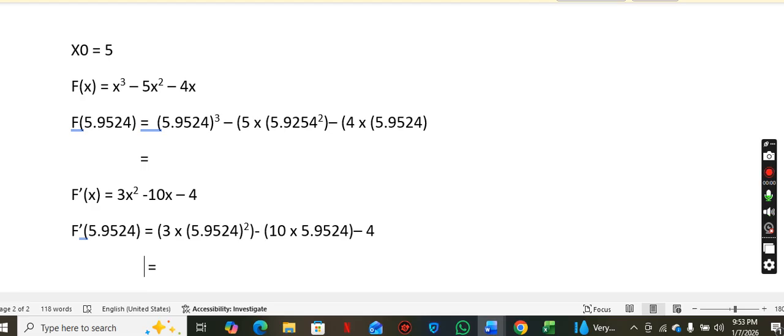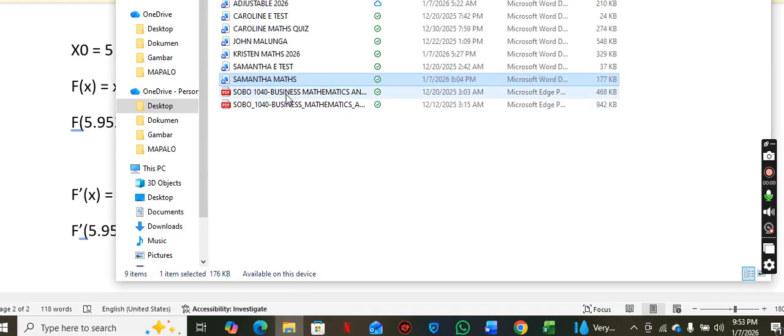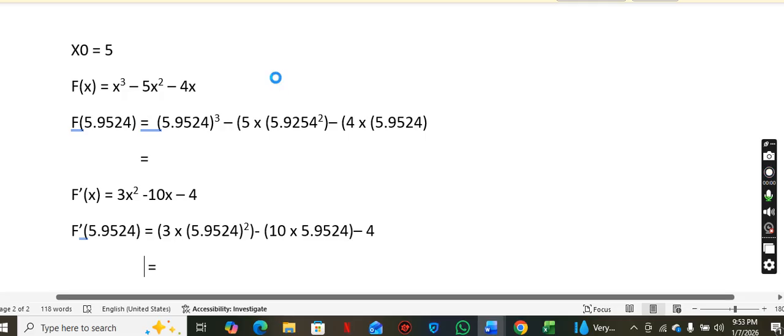For the first one, I have found 9.937. The full answer? Yes, the final answer. Let's see. I have the answers for this one, so let me use it as my reference list. And the second one?